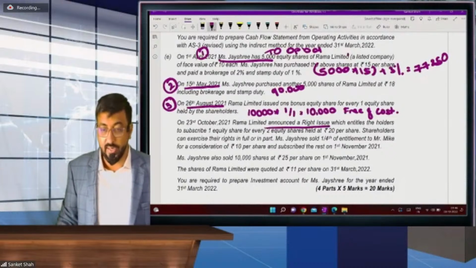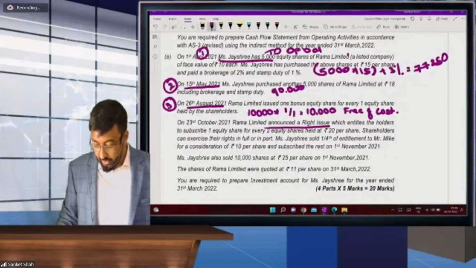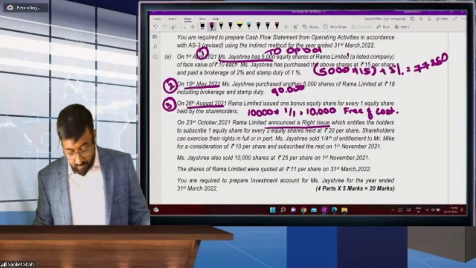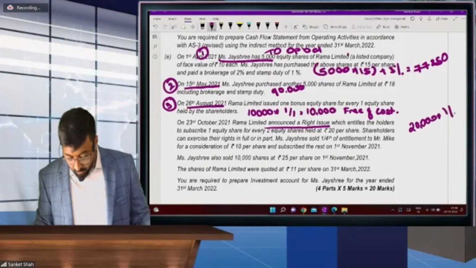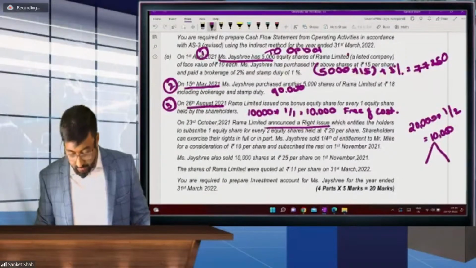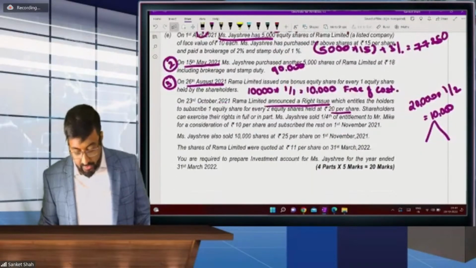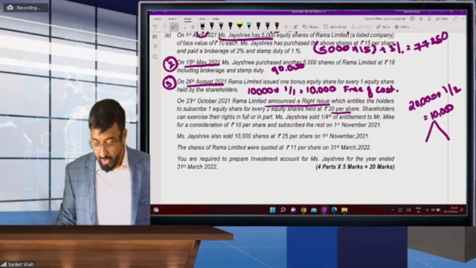Welcome back once again. Small technical problem. So one equity shares for every two equity shares. So now how many shares you have? 20,000. One equity share for one equity. So 10,000 shares at rupees 20 per share. Shareholder can exercise their right in full or in part.